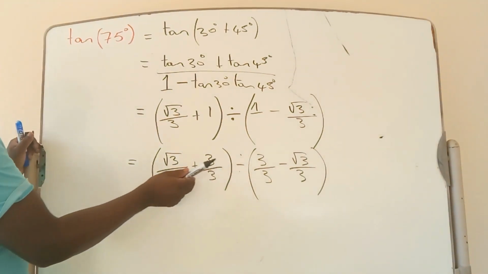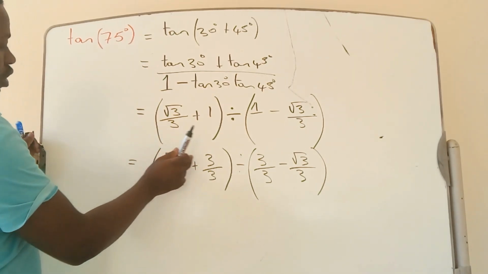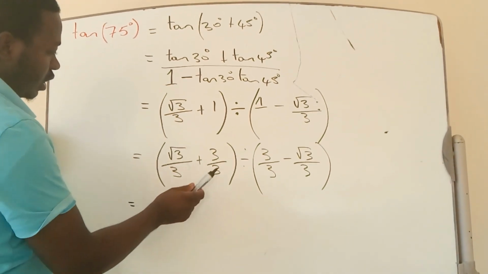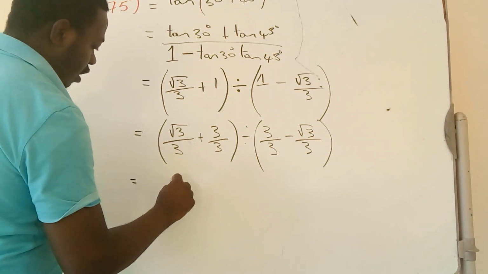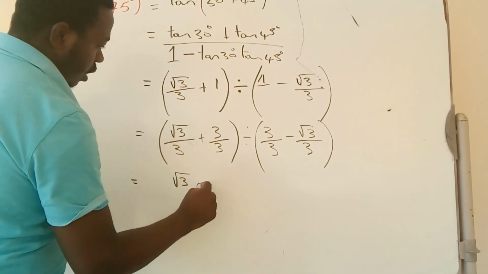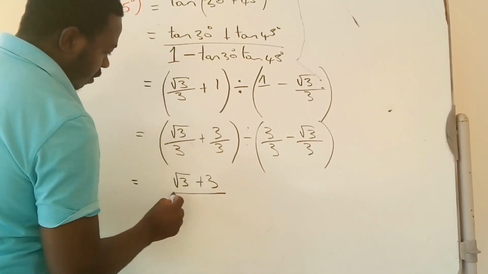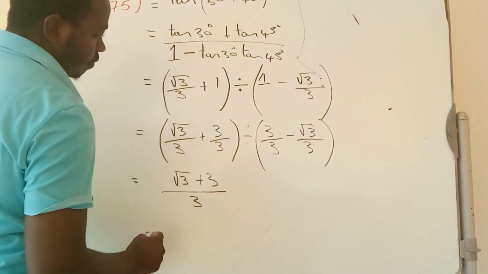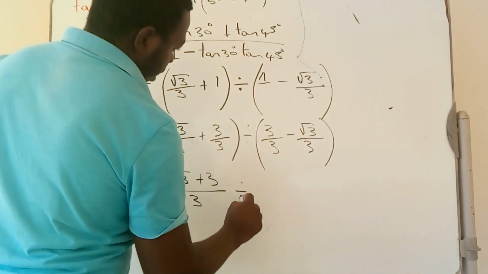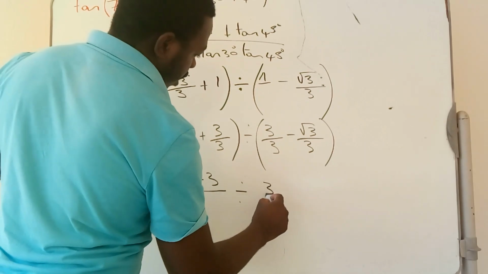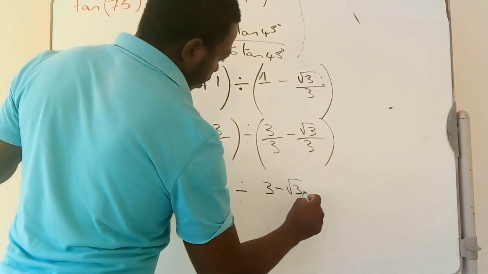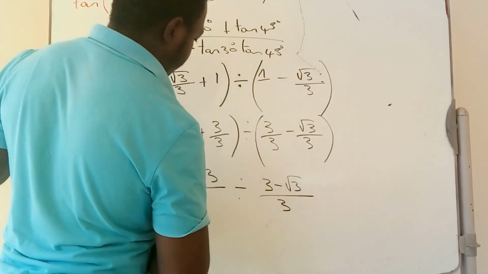Now the denominators are the same, so we'll just simply add the numerators, put it back over the denominator. So we have root 3 plus 3, all of that divided by 3, divided by 3 minus root 3, all of that over 3.